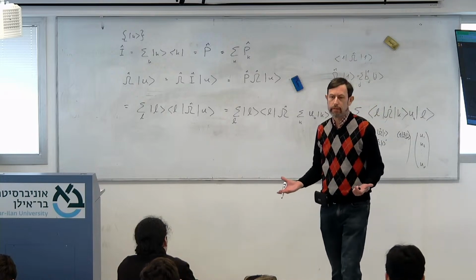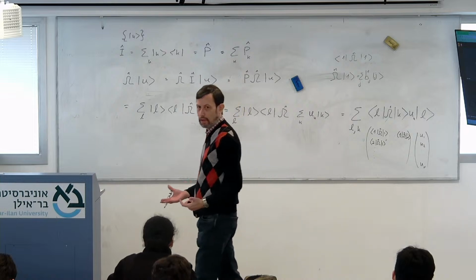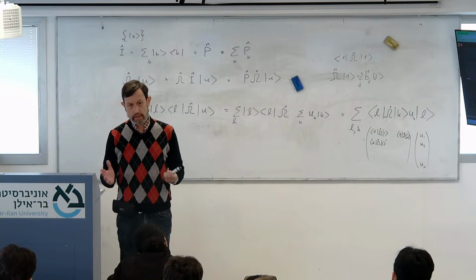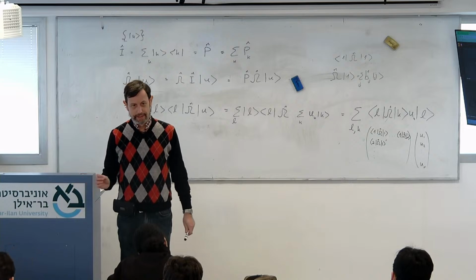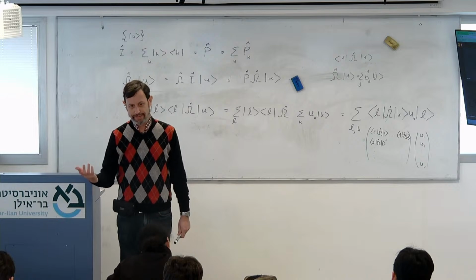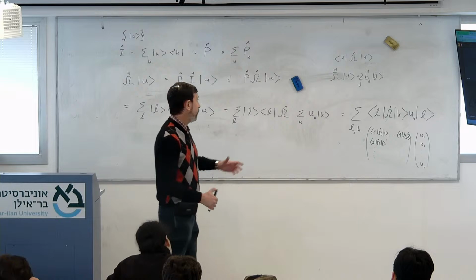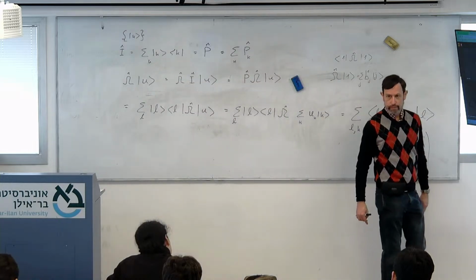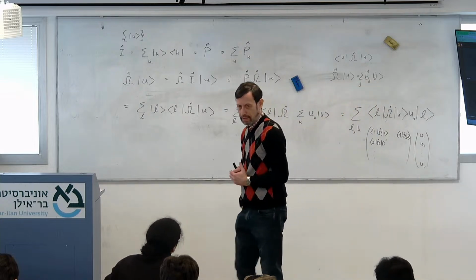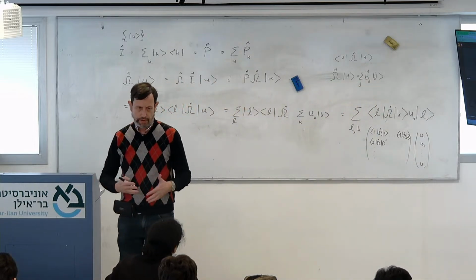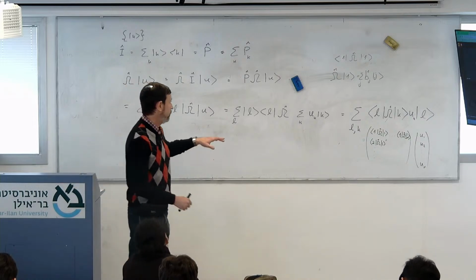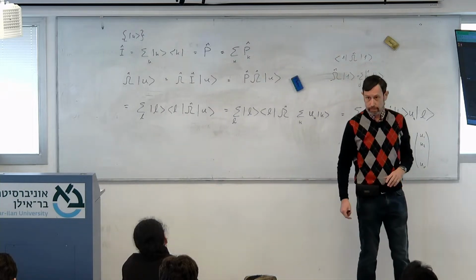Because what an operator does, it takes a vector and maps it onto another vector, right? Nothing more, nothing less. Using an operator on a vector gives you a vector. And this vector, I can write it down as a function of any basis, and I'm choosing the basis in which I'm writing the 1 and 1. Okay?